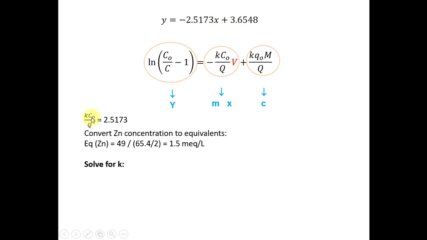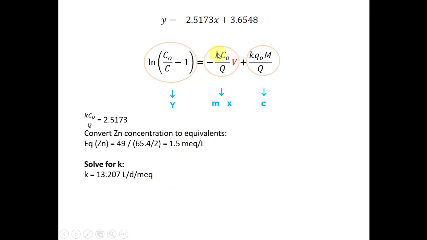We know the value of c naught, we know the value of q, so we can find the value of k. Using the concentration as 1.5 milliequivalent per liter for c naught, you have the value of k as 13.207 liter per day per milliequivalent. Because here it is milliequivalent, we have to put it as milliequivalent. So this is the value of k.